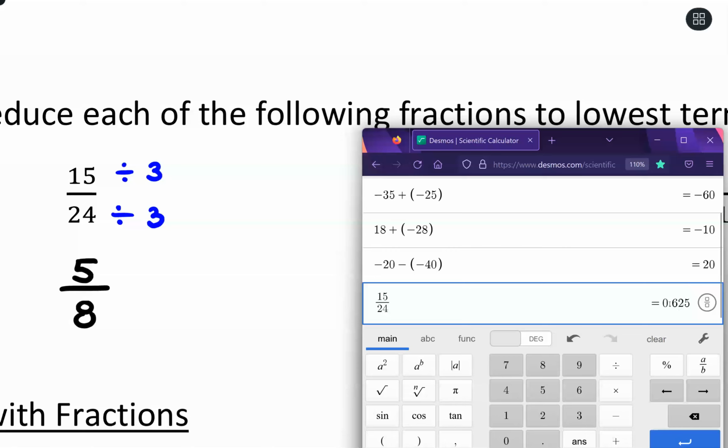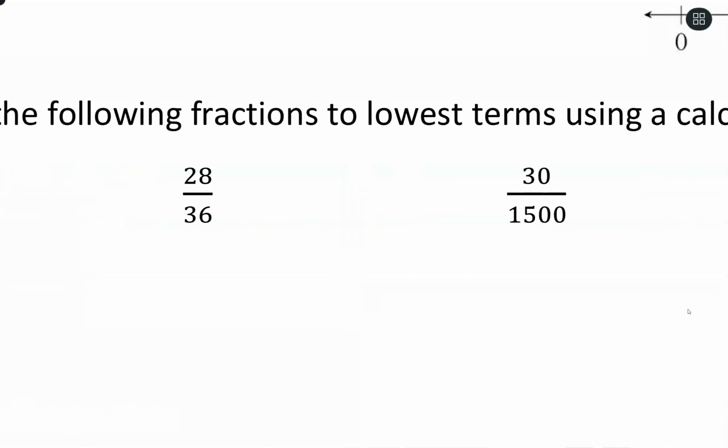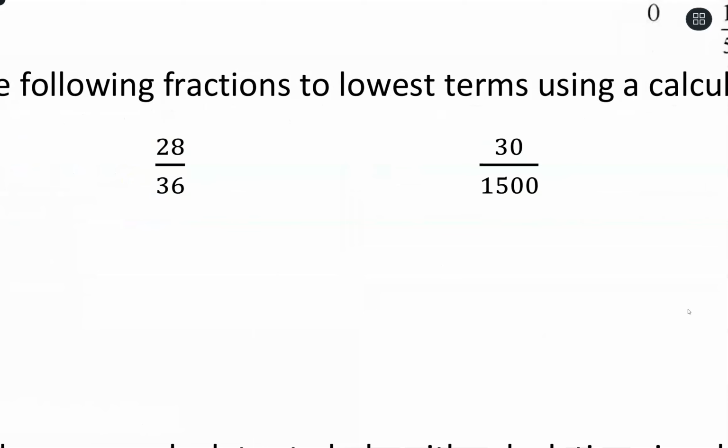But let's say I was really interested in the reduced fraction. Right next to the decimal value, you can see this convert to fraction button. If we click that, it's going to give us the reduced form of our fraction. And there's our 5/8.